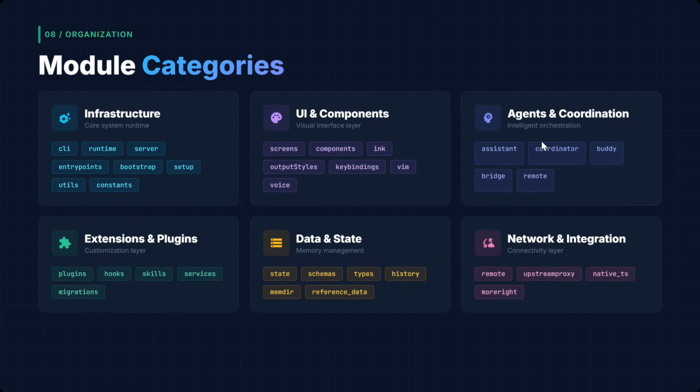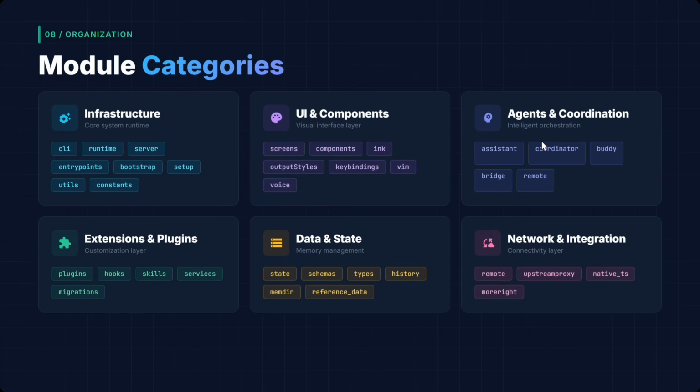What are the module categories? This is very important. I think for all the outputs that you are seeing, now I'll try to explain them too. Infrastructure: core, system runtime, CLI, runtime, server, entry points, bootstrap, setup, utils, constants. If you have noticed the output for each of the commands that we ran, some of these are coming out. You might not have paid attention to it, but these are the module categories that I'm trying to define to you: which component does what.